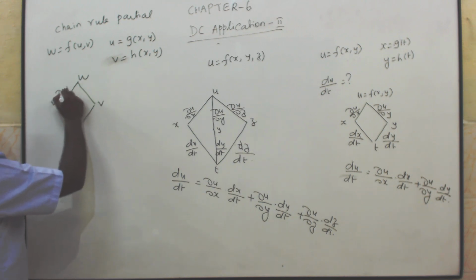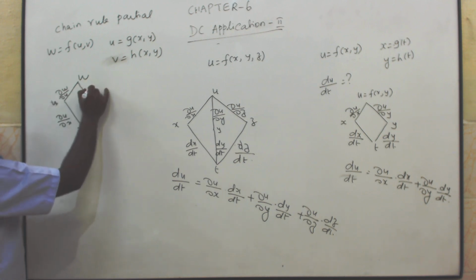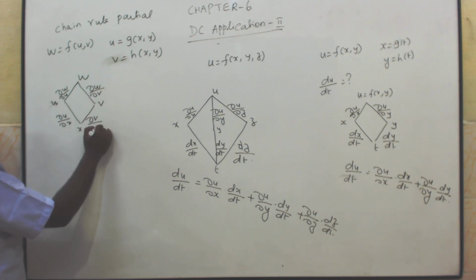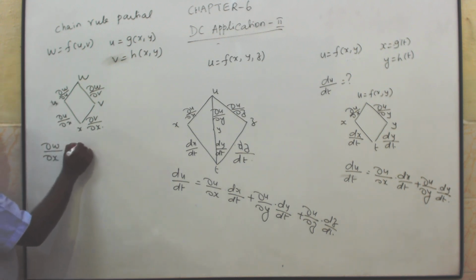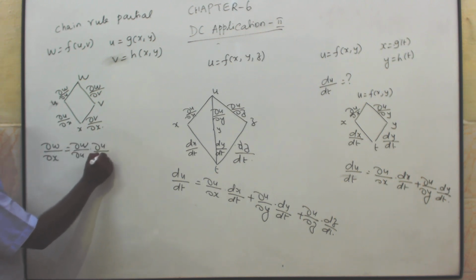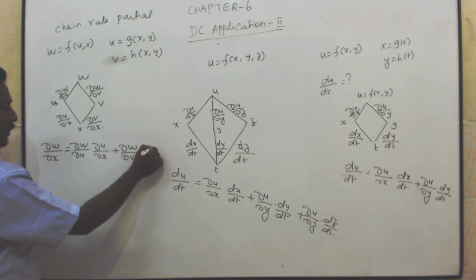This is dou w by dou u, by dou x, dou w by dou v by dou x. So partial differentiation of w with respect to x is dou w by dou u into dou u by dou x plus dou w by dou v into dou v by dou x.